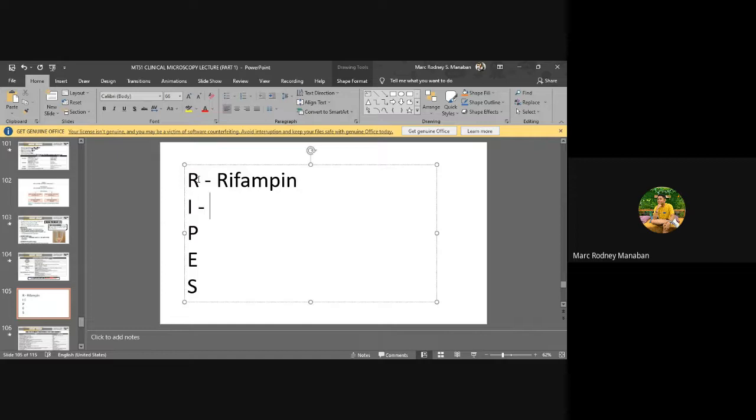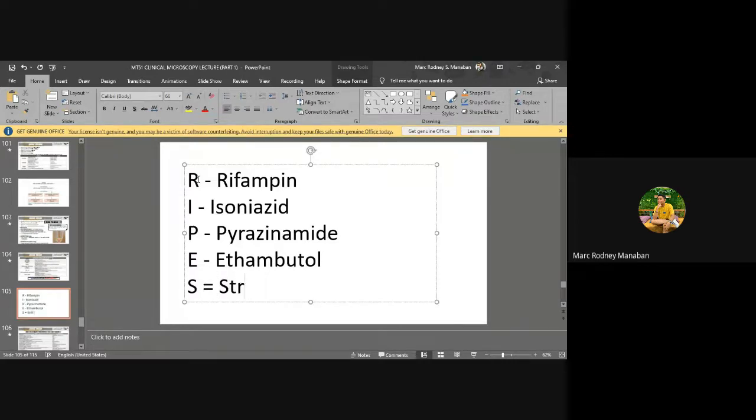I stands for isoniazid. P stands for pyrazinamide, all right? E stands for ethambutol, and S stands for streptomycin. Take note of this, dears, very important. So RIPES: rifampin, isoniazid, pyrazinamide, ethambutol, and streptomycin.